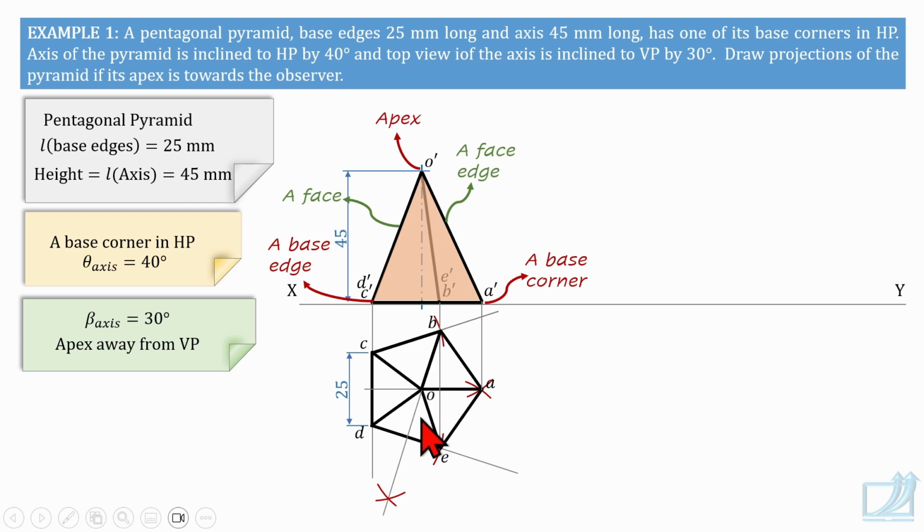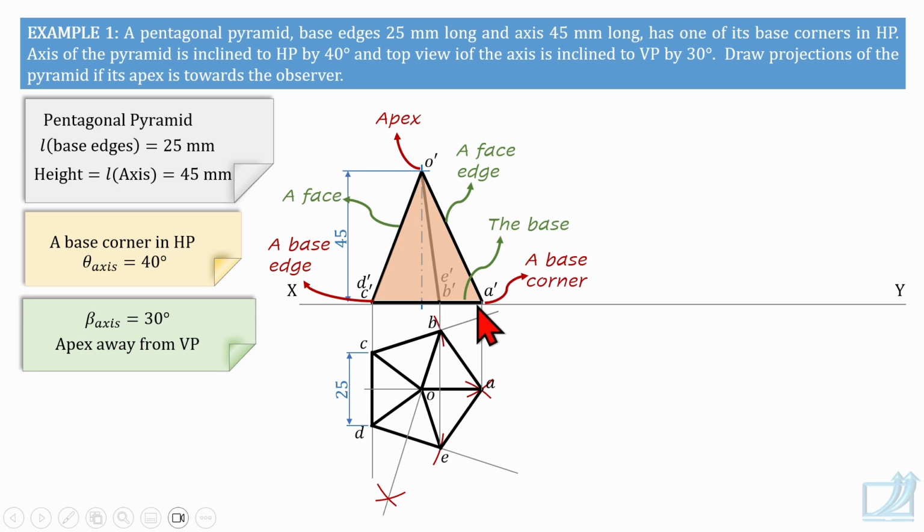Out of those 5 triangular faces, this face OCD appears a line in the front view. So this boundary in the front view is not just a line, it is a triangular face of the object. And this base of the triangle is not just a line or base of a triangle, it is actually the pentagonal base of this pyramid.